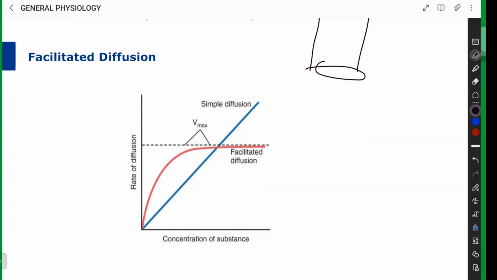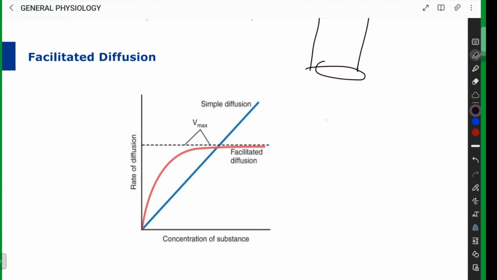Until those 2 go, the graph will increase, that is, the rate of disappearance from the class. But once they go, then slowly only the others can get out of the class. That is what you talk about in Michaelis-Menten kinetics.